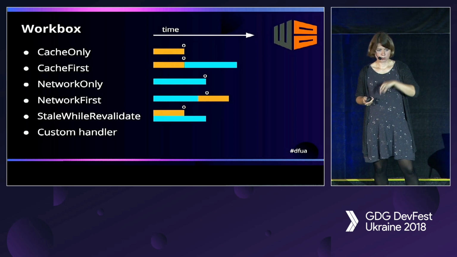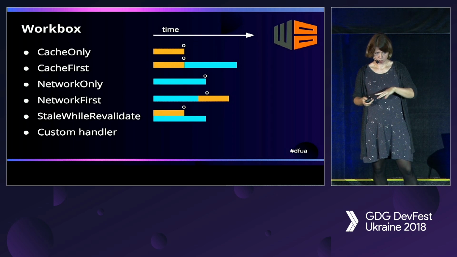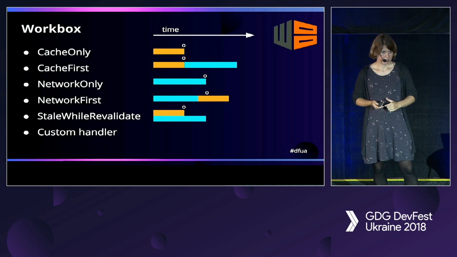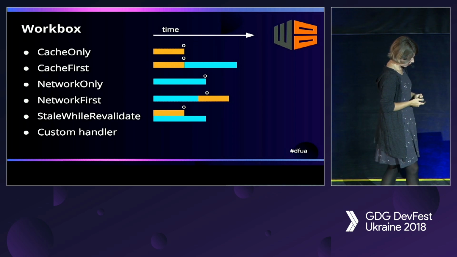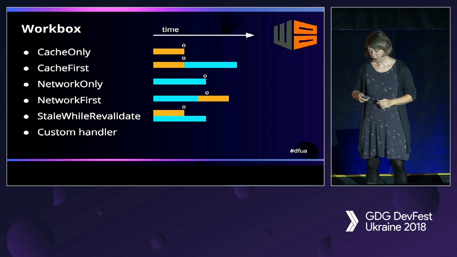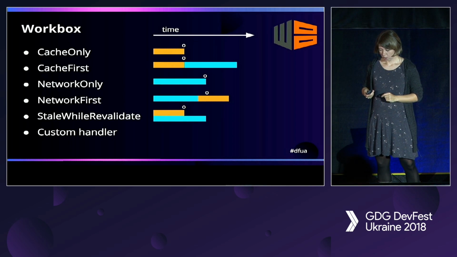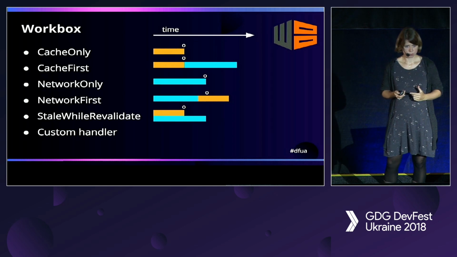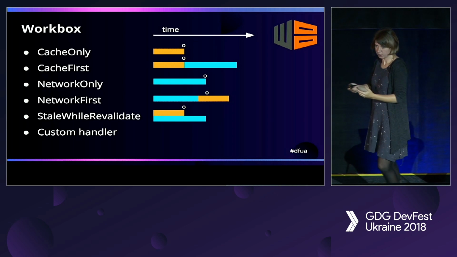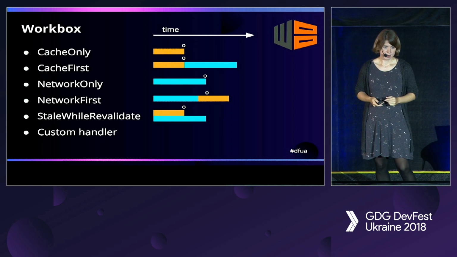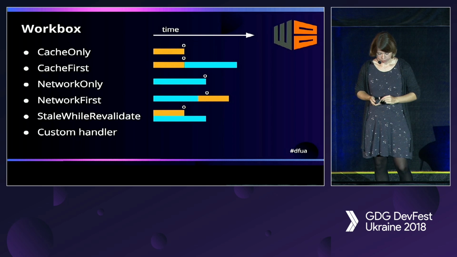First you serve the stale content, which means the one that is stored in the cache, but at the same time you go to the network and check for newer resources. The difference between this and network first is that the network response will only be used the next time this resource is accessed. So first, the user will always get the old one, but the next time, the new version might be stored already.